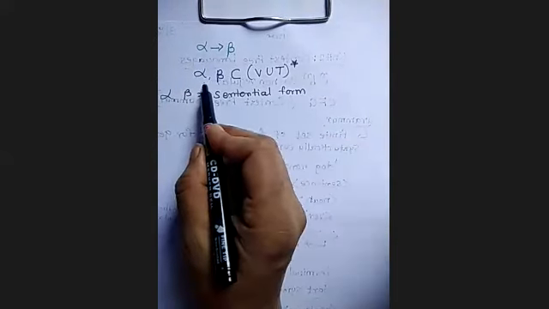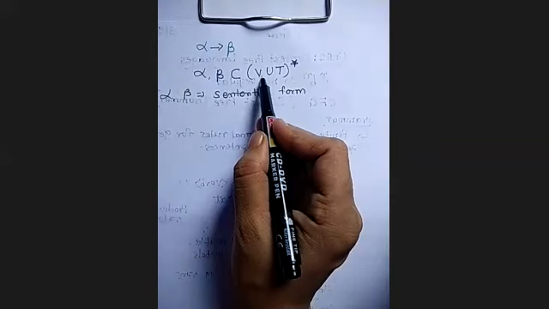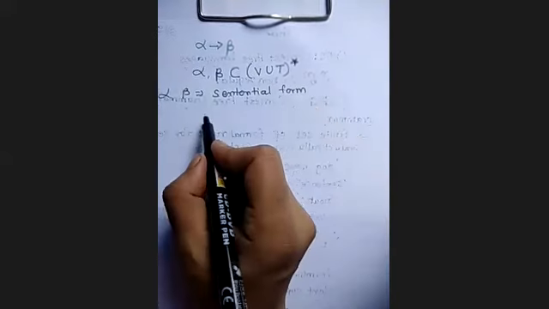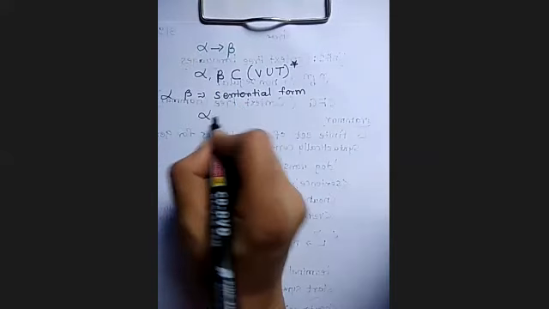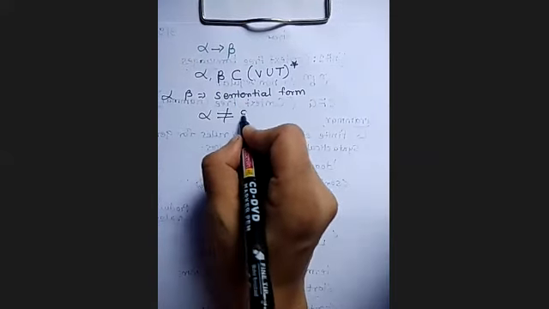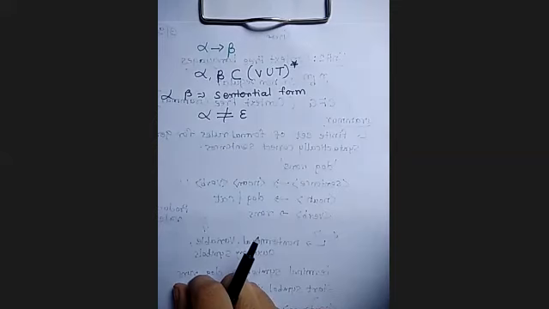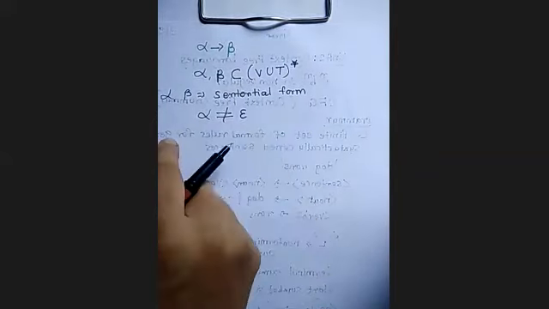These are strings of terminals and non-terminals. And as alpha appears on the left hand side of the production rule, alpha is never epsilon. On the right hand side, epsilon may occur, but epsilon never occurs on the left hand side of the rule.